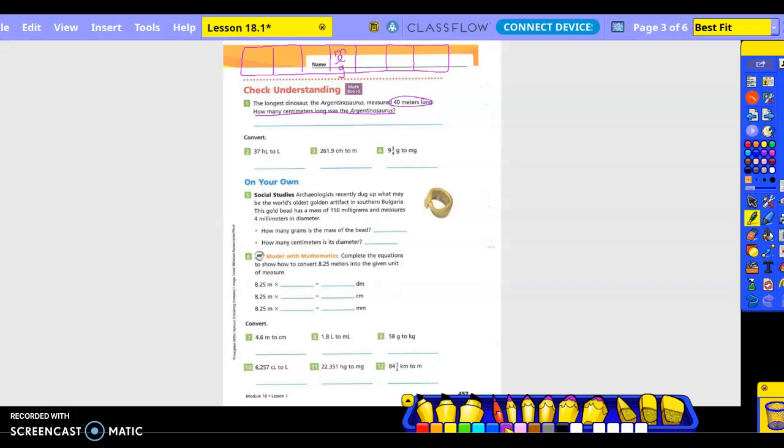Then over here, we have a decameter, a hectometer, and then a kilometer. Then over here, we have a decimeter, a centimeter, and then a millimeter.